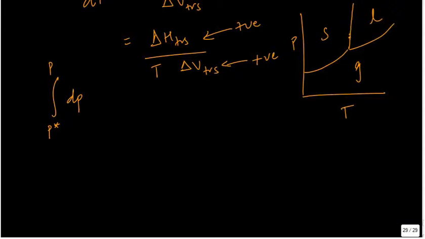I want to see the slope of this, and I'm assuming that delta H and delta V do not change much with temperature. Although that's not true, they do change, but the deltas would change even less, right? They would change, and we could take care of that if we really want to, to do it more accurately.